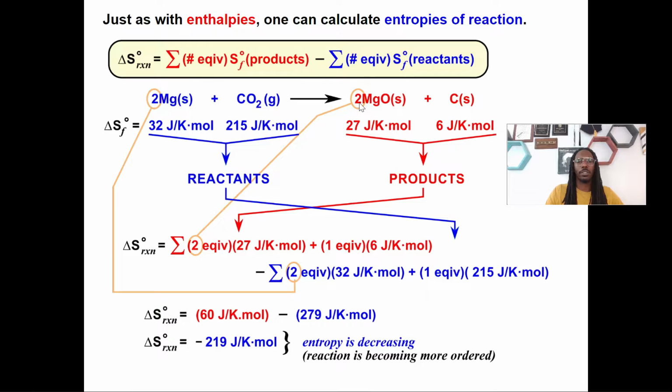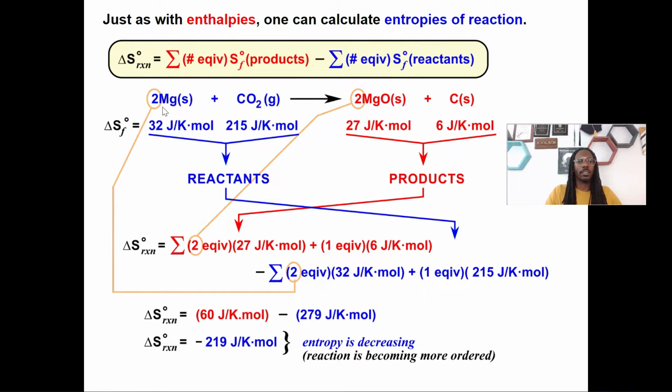Using the same coefficients. So that's just going to be 2 times 27 for my MgO, right? Because this is my value, my entropy for this particular compound. So 2 times 27 plus, right, because it's the sum of my product, so plus this 1 times 6 for my product side. Now we're going to subtract that from our reactants.